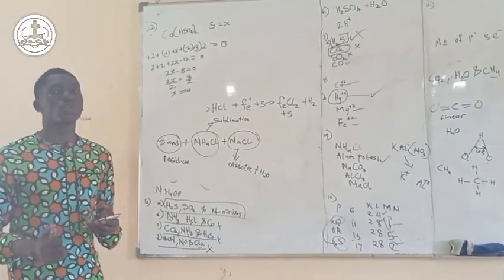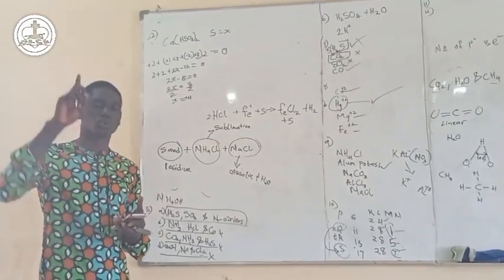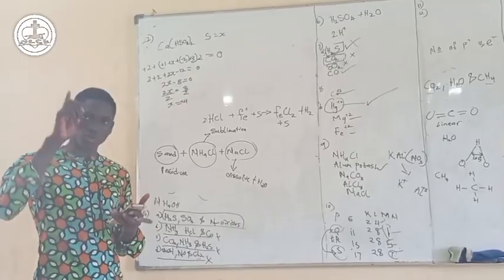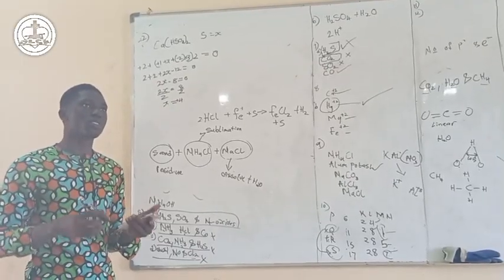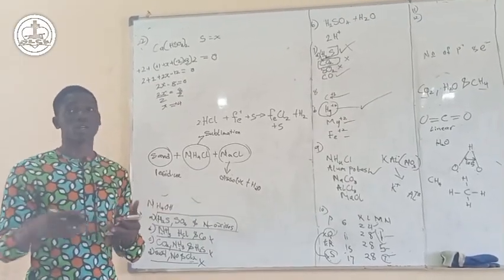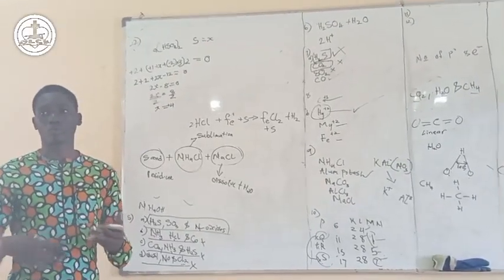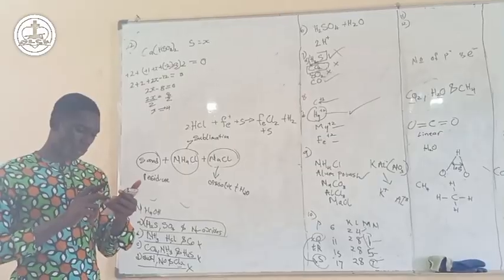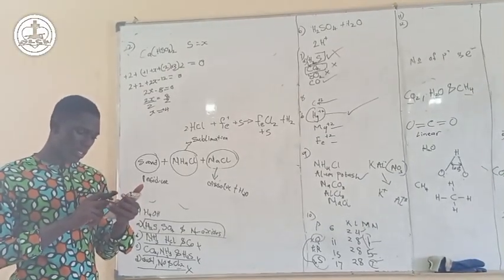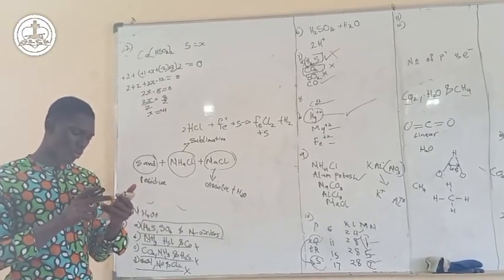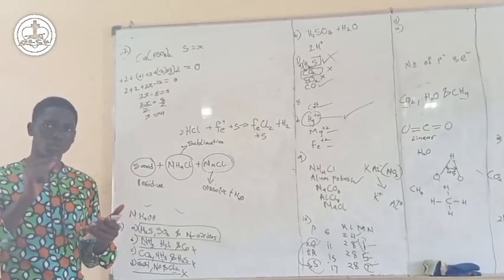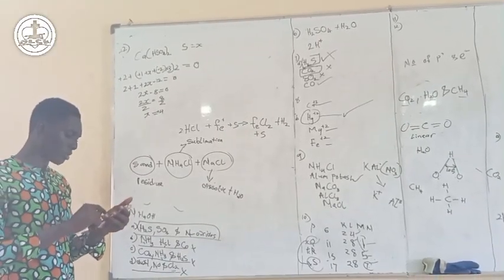A pure solid will always have a definite melting point, but if it's impure that means it has other elements in it, so the melting point will vary. So the answer is B, over a narrow range of temperature. A narrow range is a very specific range of temperature.